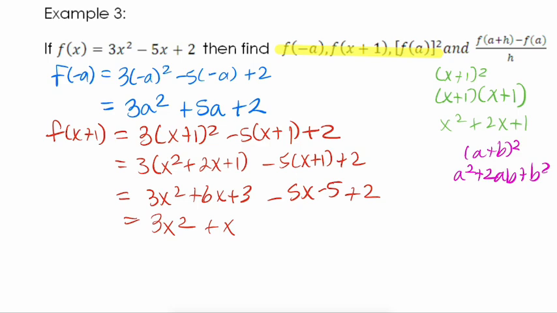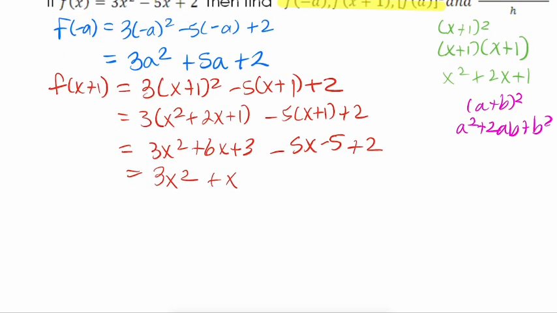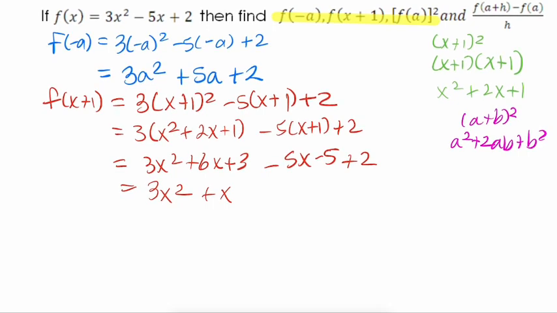Okay, now let's do f of a squared. Now, first off, let's just think about f of a. F of a is just 3a squared minus 5a plus 2. 3a squared minus 5a plus 2.